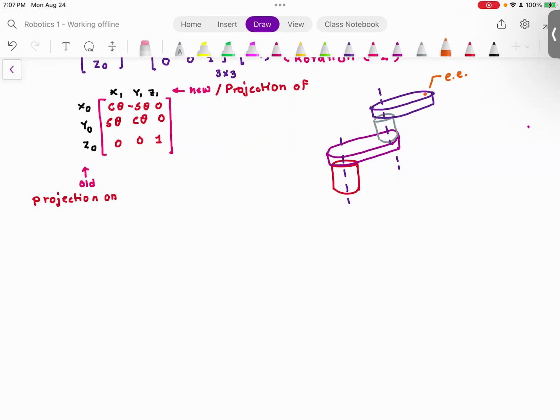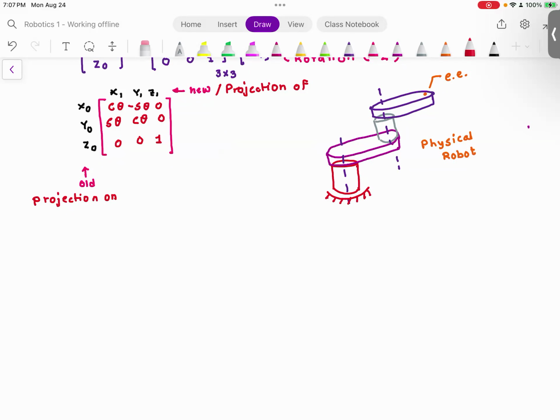So think about this: this is a physical robot. And step number 1 is to come up with a kinematic configuration, a diagram which can be used to work out forward and inverse kinematics.